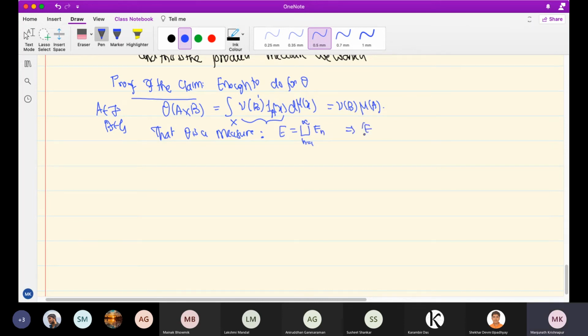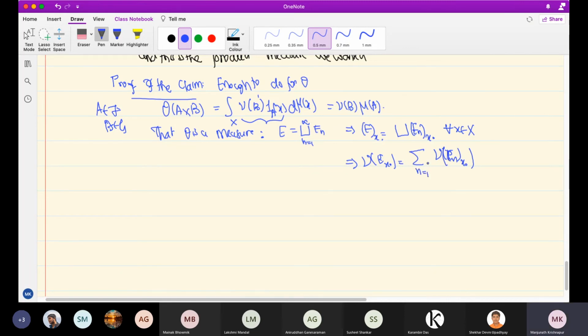This implies that the X sections of E are disjoint unions of the X sections of the E_n's, because the X coordinate is common. If something was common here, then that point X comma Y would be a common point to two different E_n's. So this is true for all X. What this implies is that nu of E_x dot is the sum of nu of E_n, x dot.